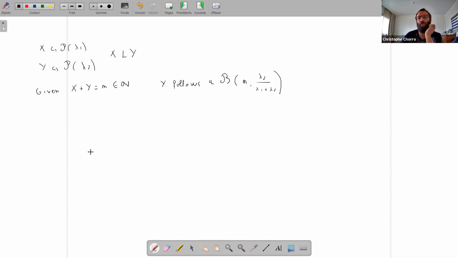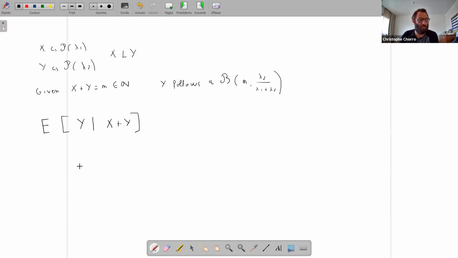And what I want you to compute here is the conditional expectation of Y given X plus Y. So be careful, because here you may get some confusion with my notations, because I have defined the conditional expectation of X given Y, or Y given X here.